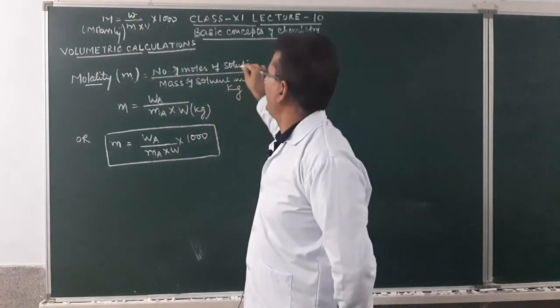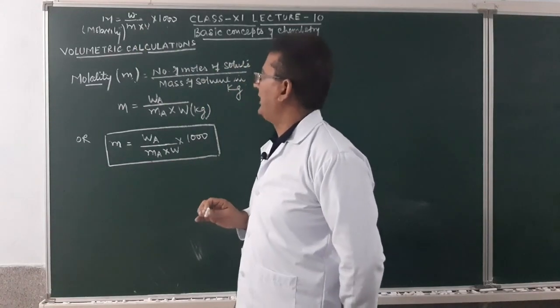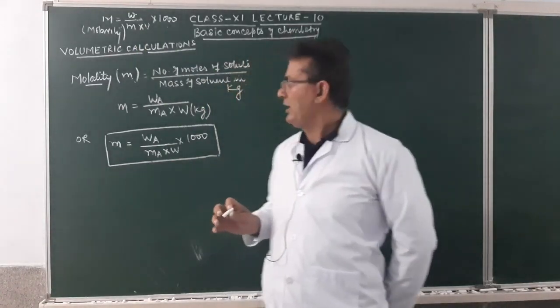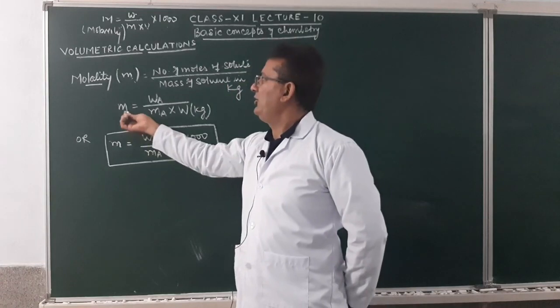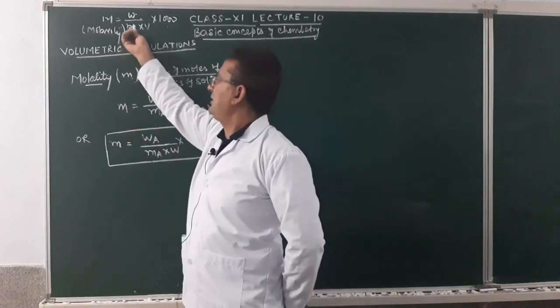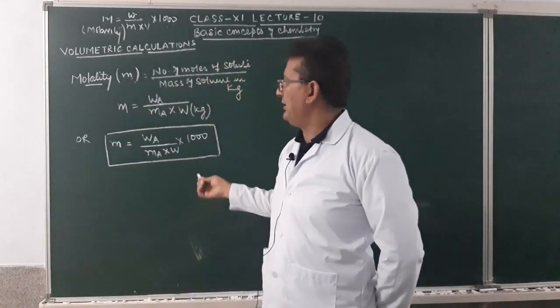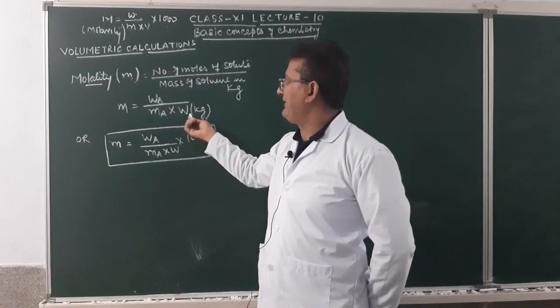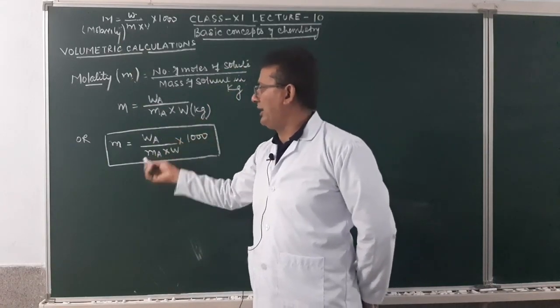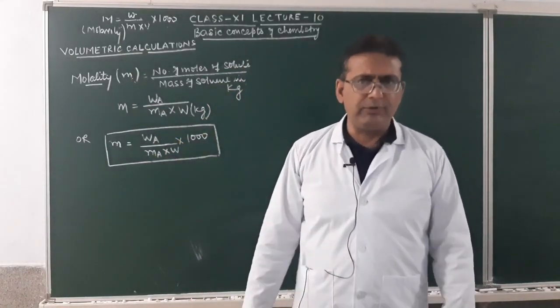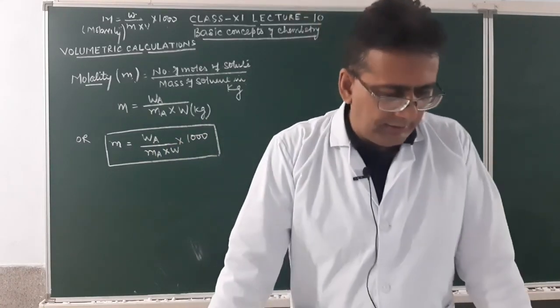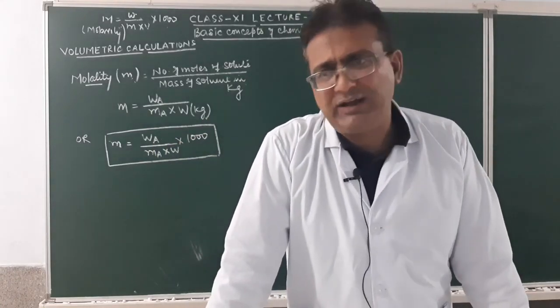Here it is the ratio of number of moles of solute upon mass of a solvent in kilogram. So, molality, if the mass of a solvent is given in grams, will be Wa upon Ma into W multiplied by 1000. I think I shall be very clear.